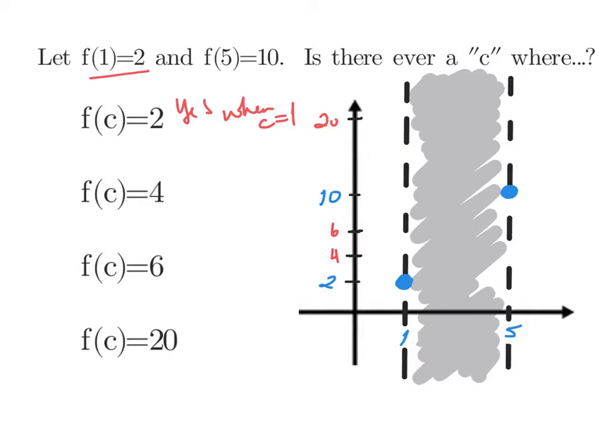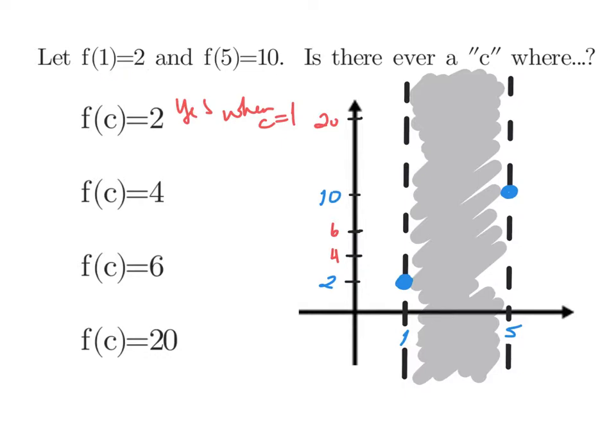And then as soon as it gets into this range between 1 and 5, it goes south. And maybe it's not defined anymore after that. And then we hit f of 5 is 10, and coming out it's just a horizontal line. In this case, f of x is never 4 or 6 or 20.